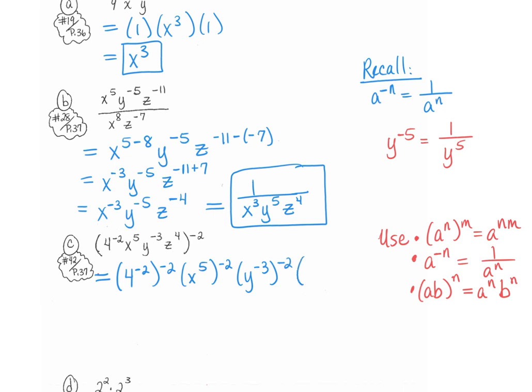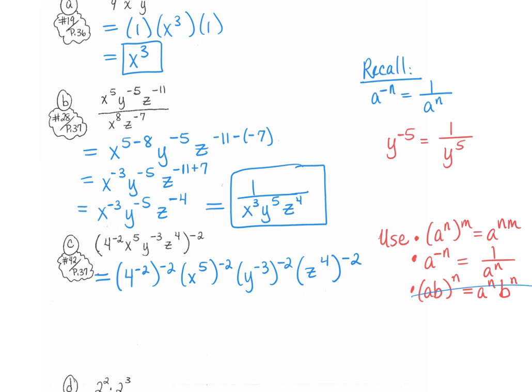Times z to the fourth raised to the negative 2. Okay, raised to the negative 2. Good. So we successfully used this property.